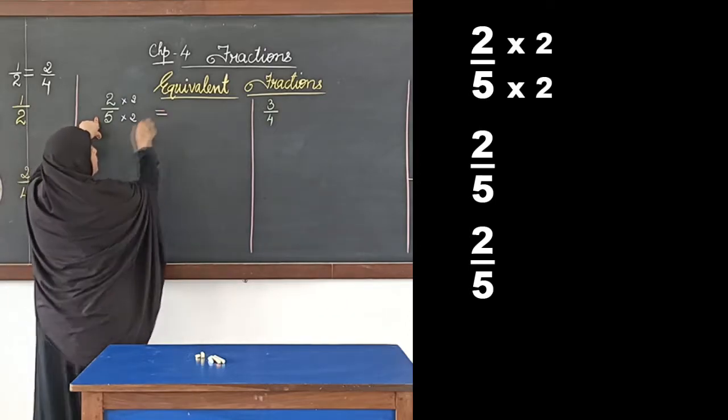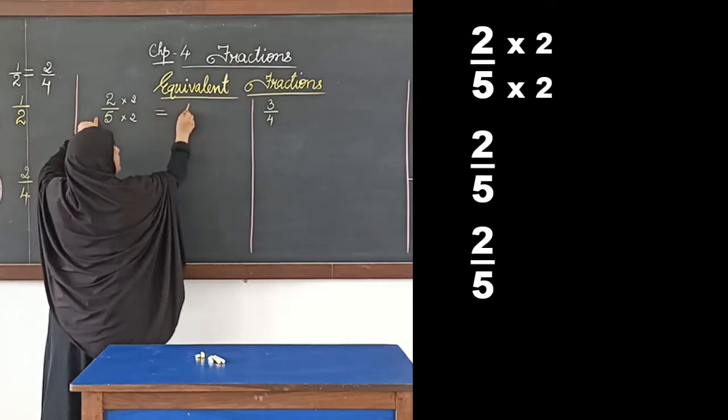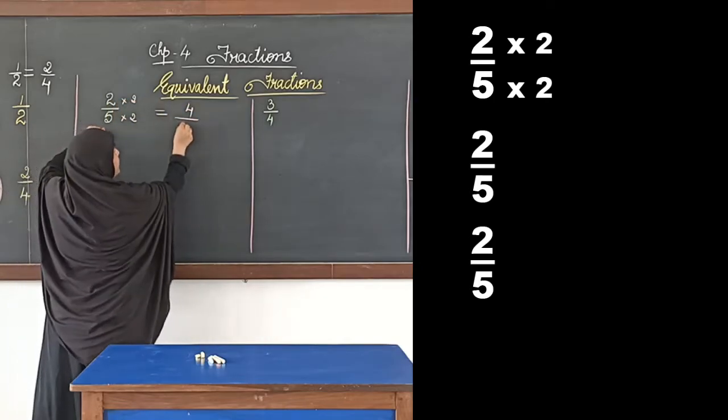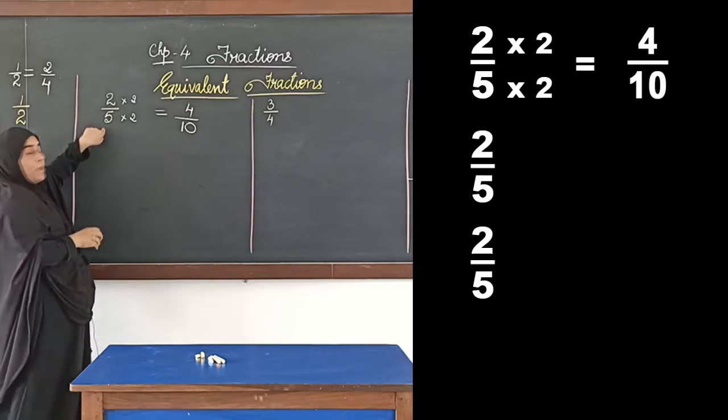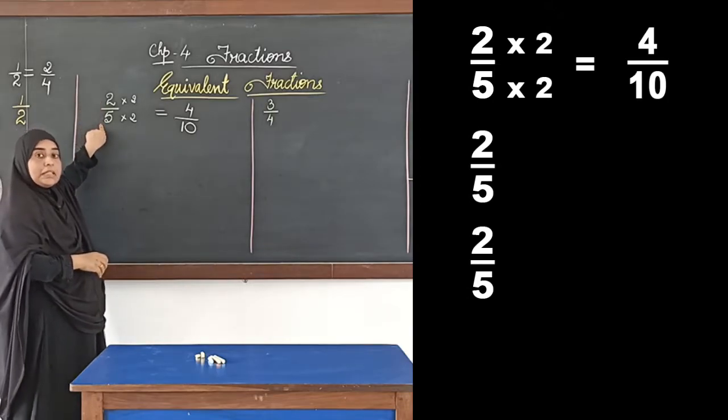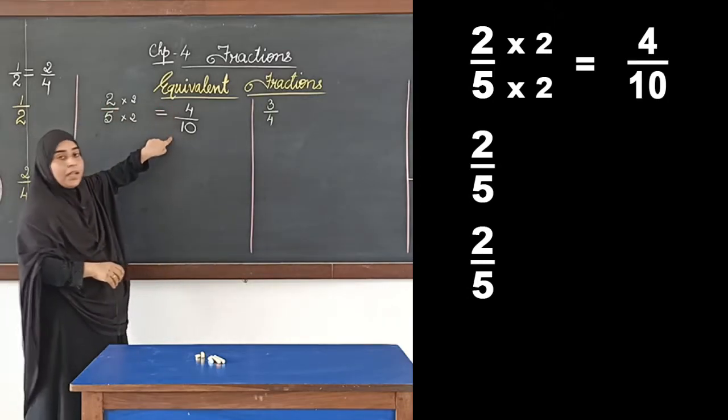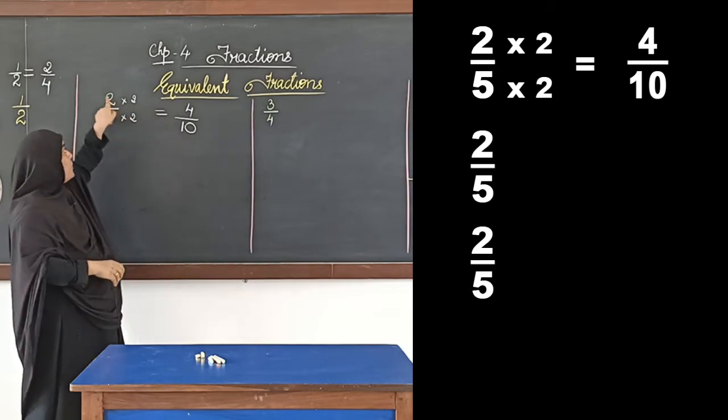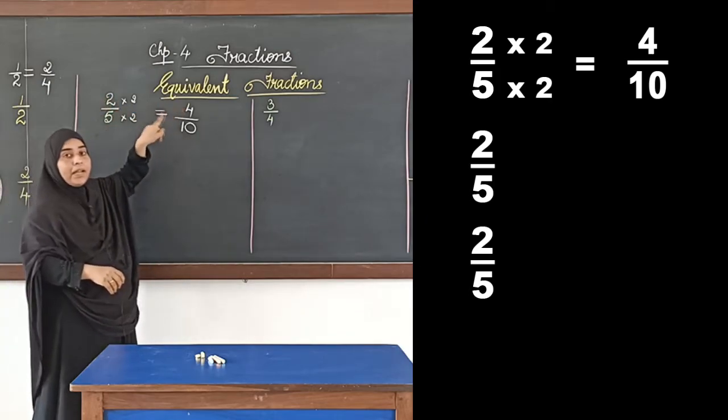So I will get a new fraction. 2 into 2 is 4 and 5 into 2 is 10. Now, 2 by 5 is equal to 4 by 10.